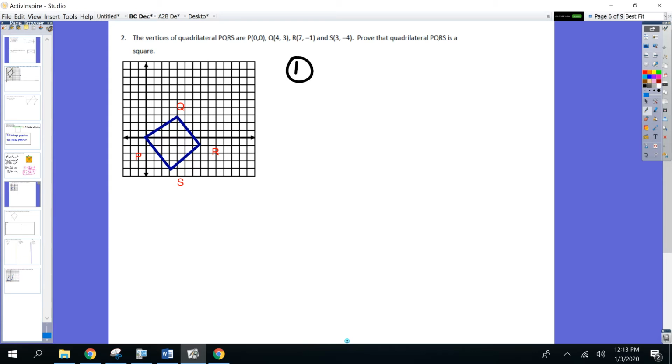All right, so if you're going to do rhombus, how are you going to show it's a rhombus? All four distances are equal. All right, so here we go. Distance of PQ first. Showed you guys my cheat code yesterday, also known as Pythagorean theorem. 1, 2, 3.